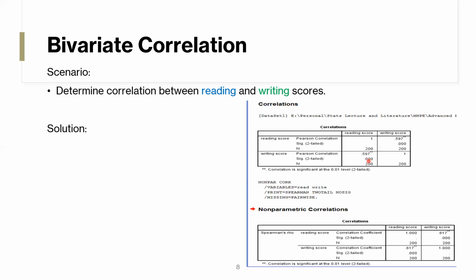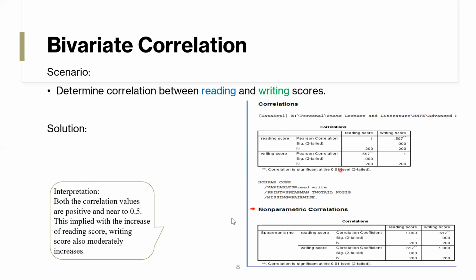As we discussed, if the correlation value is near 0.5, we have a moderate relationship between two variables, and this is significant also. So we can interpret that the reading score and writing score are correlated with each other, in the sense that with the increase of the reading score, the writing score increases significantly.